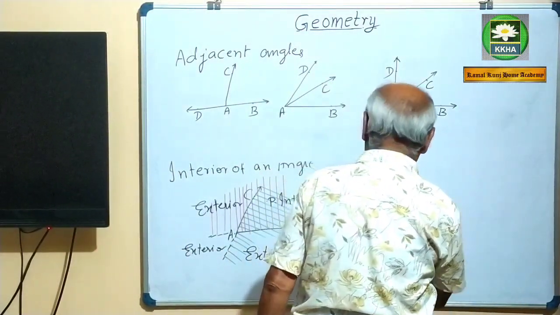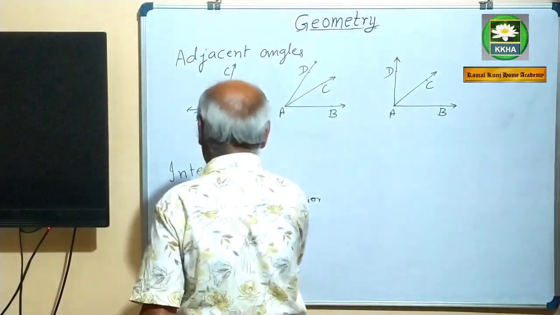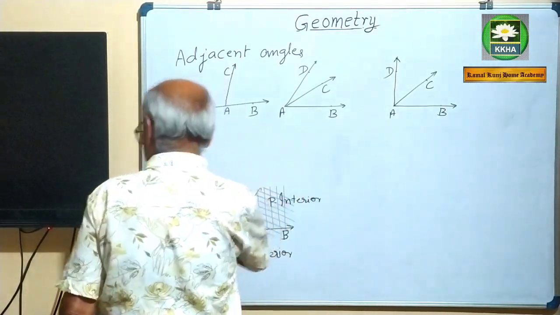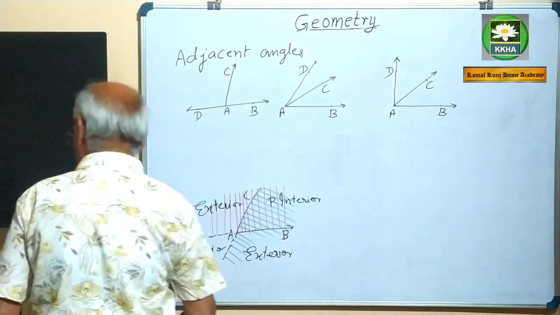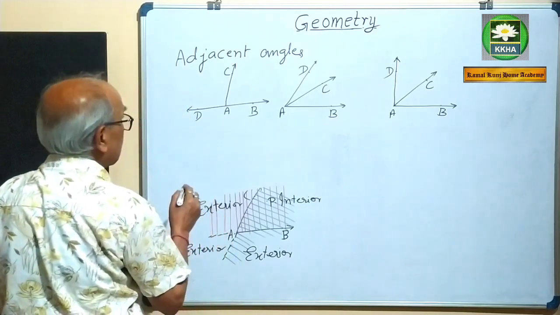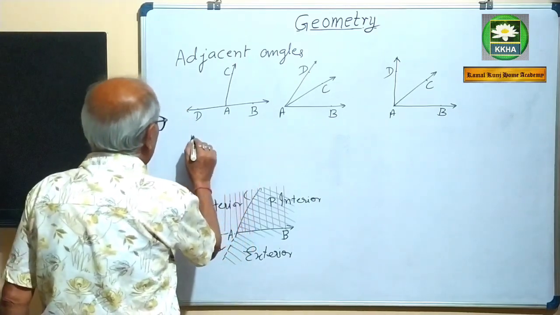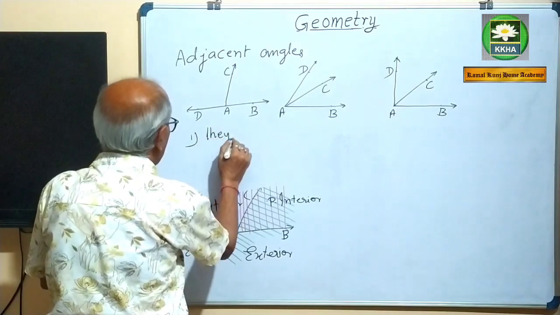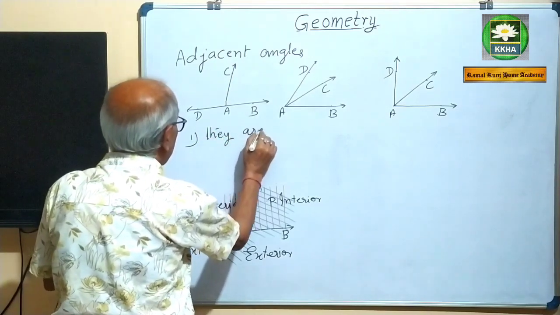Two angles are said to be adjacent if, first, they are in the same plane.